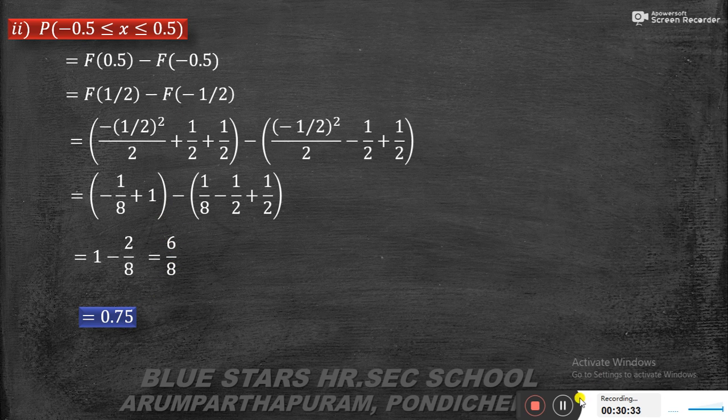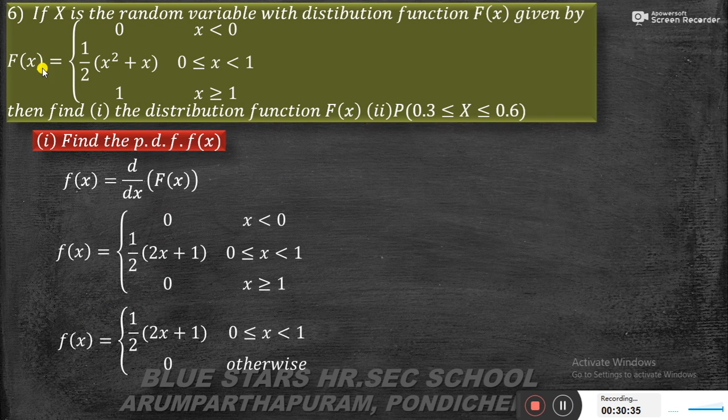This is the answer. So now we discuss the sixth problem. You see, x is the random variable with the distribution function capital F of x given by: first function 0, the interval is minus infinity less than x less than 0.